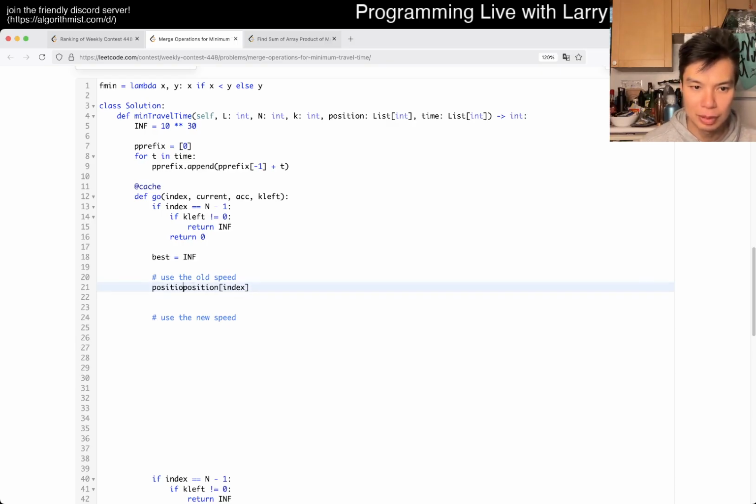So it's position index + 1, and we want to choose, so this is the delta, right?